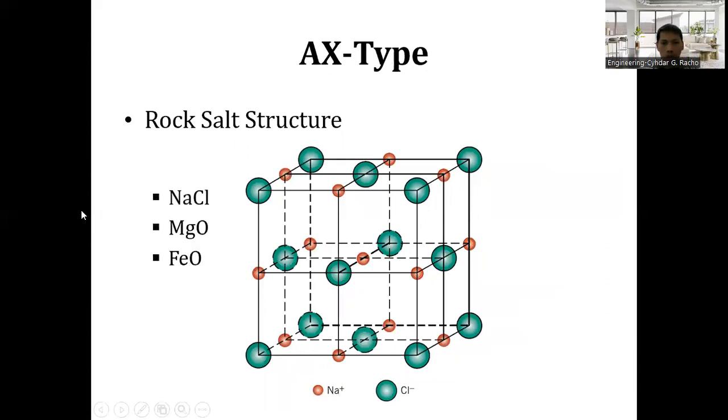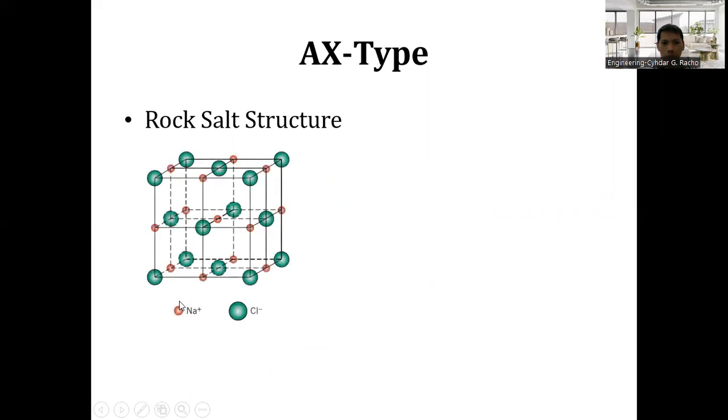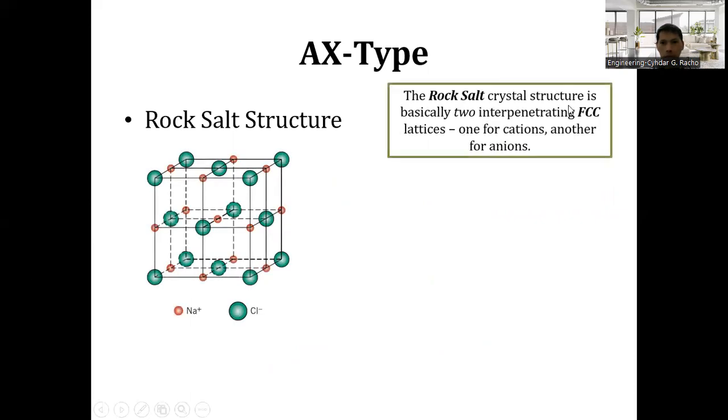There are also other compounds that exhibit this AX type, like magnesium oxide or ferric oxide. The rock salt crystal structure is basically two interpenetrating FCC lattices, one for the cations and another for the anions.